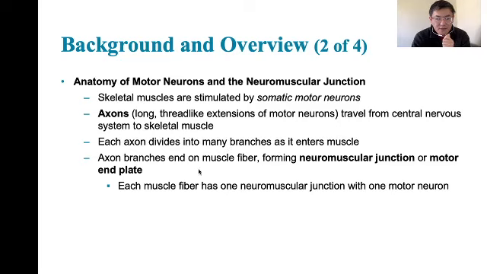Each branch will anchor to one muscle fiber to form the neuromuscular junction, which is also called the motor end plate. So each muscle fiber can be innervated by one branch of an axon by forming the neuromuscular junction.